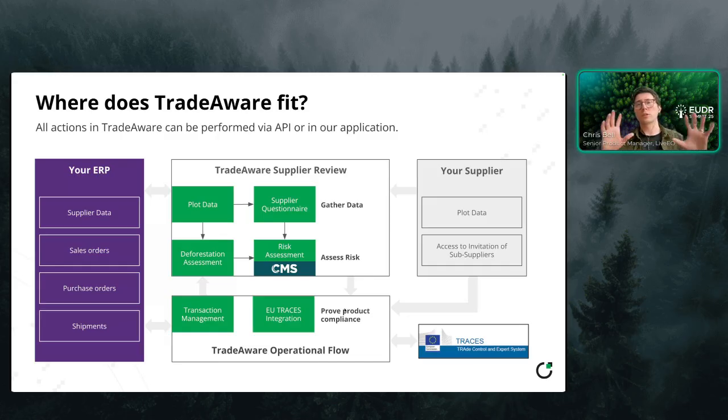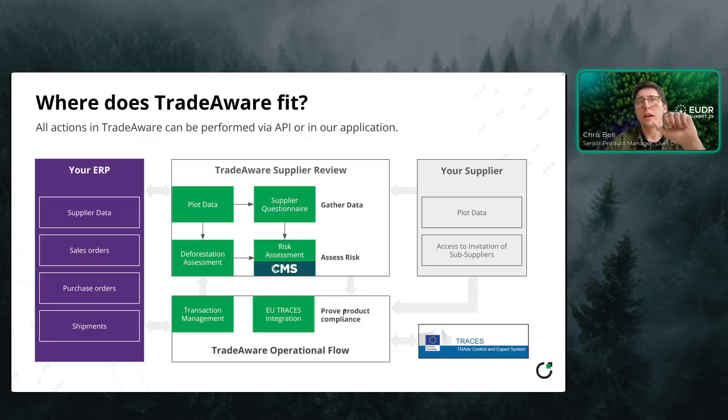So just to show what those 6 pieces look like together, a common use case we're seeing is people interacting via ERP systems, where you, of course, have a lot of your product data already, your purchase orders, your sales orders, and then conducting a supplier review on TradeAware of the plot data, of the questionnaire data, of our precision analytics for deforestation, of the risk assessment that's being powered by CMS, who have already spoken today.